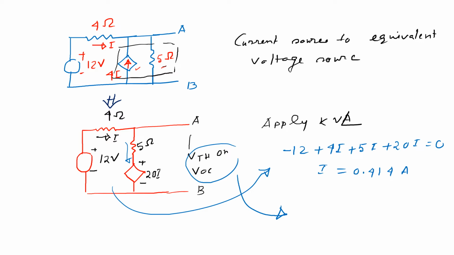Now V Thevenin or V open circuit equation is equal to 12 minus 4 into I. So that is equal to 12 minus 4 into 0.414, that is equal to 10.34 volt. So this is the value of V Thevenin or V open circuit voltage.